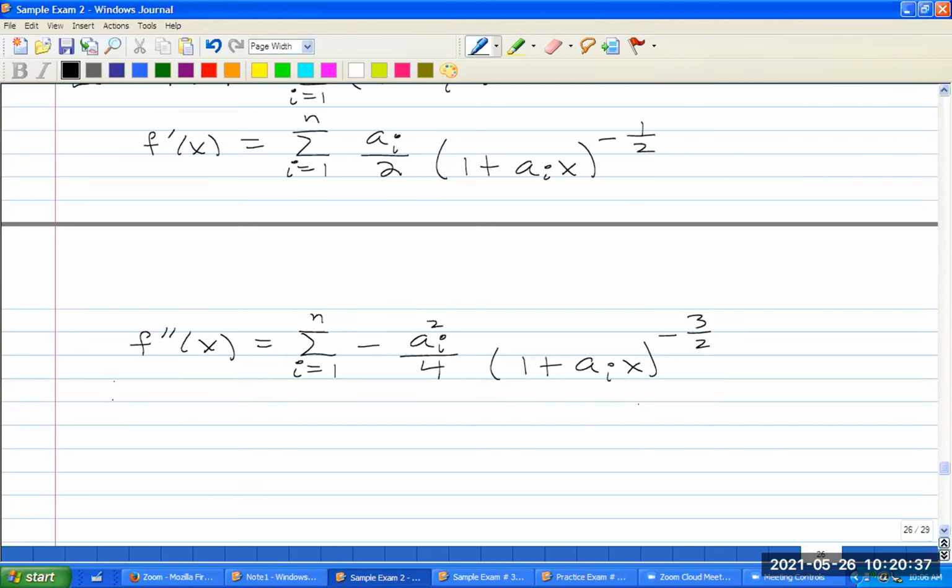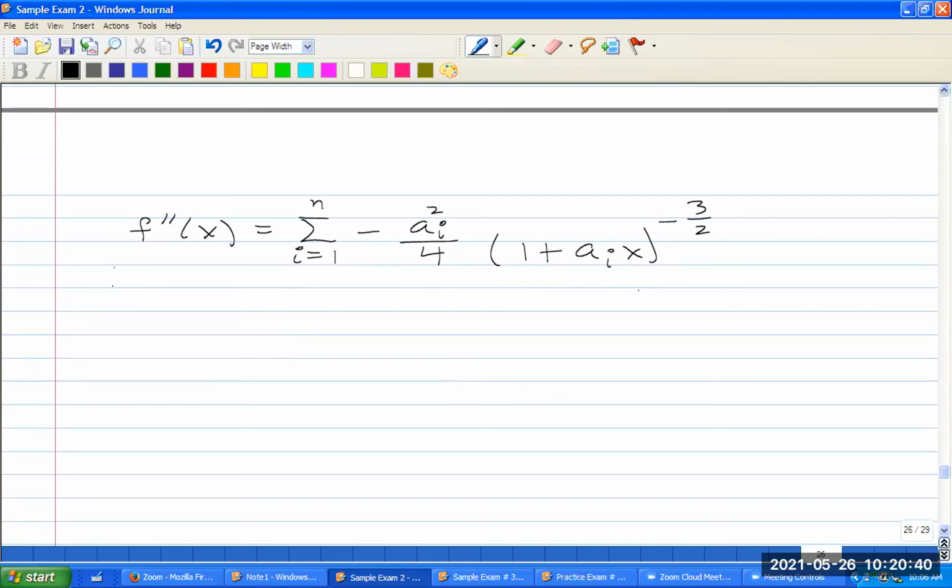Now, the domain, well, let's see. One of the things to notice here is that the a sub i's are real numbers.